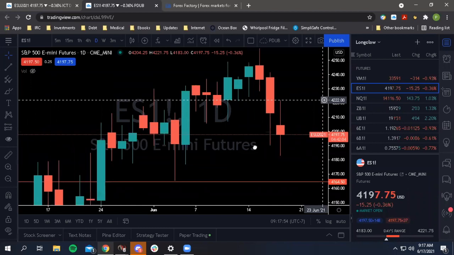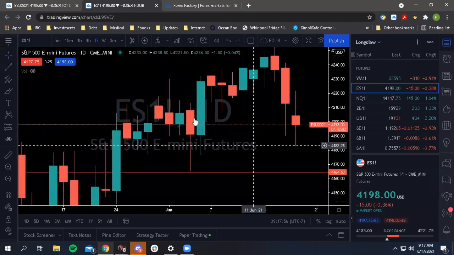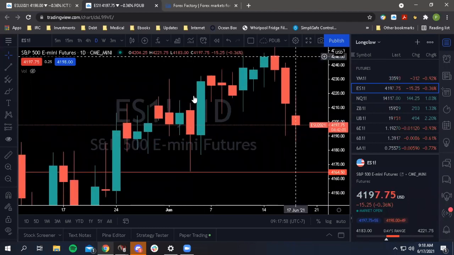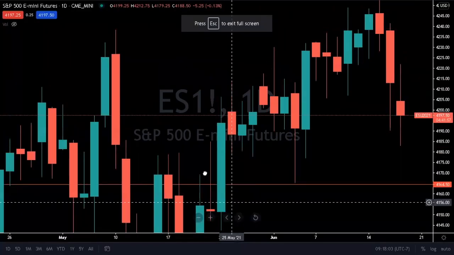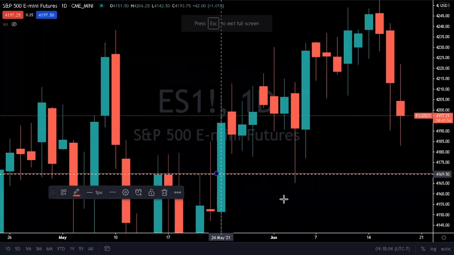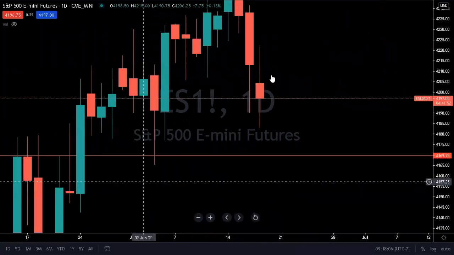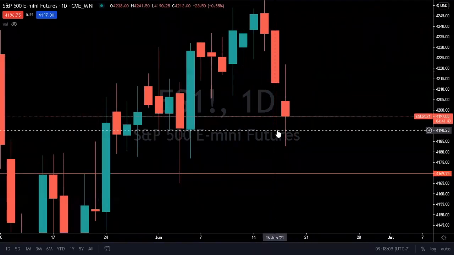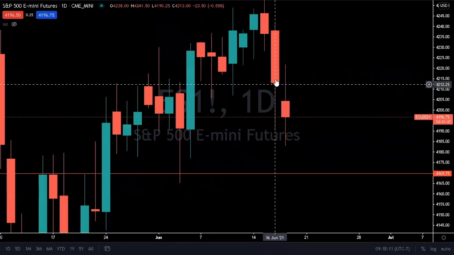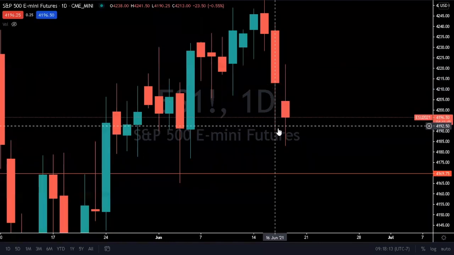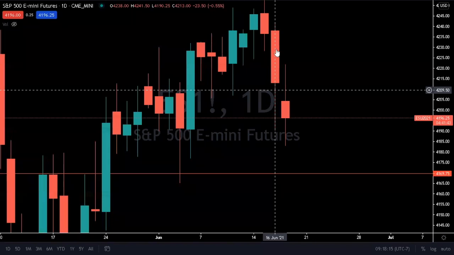The main thing you're trying to look for when you zoom into these things is you're trying to read the language between candles. That's your main thing. Typically, when you see long wicks like this, for one, it's probably a news event, like what we had yesterday.